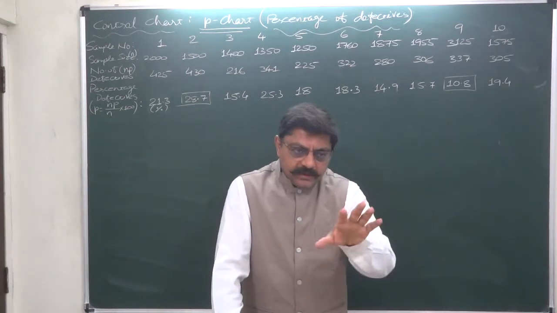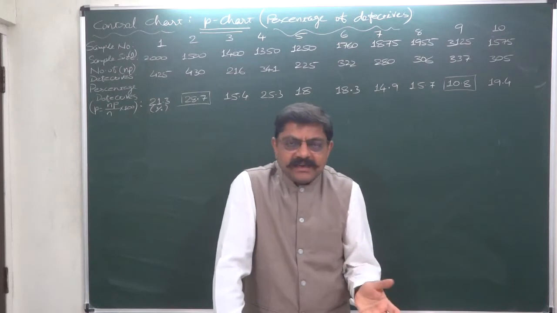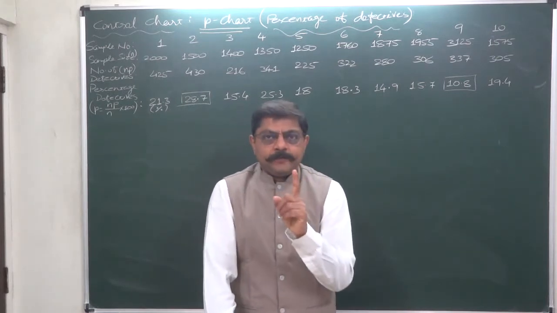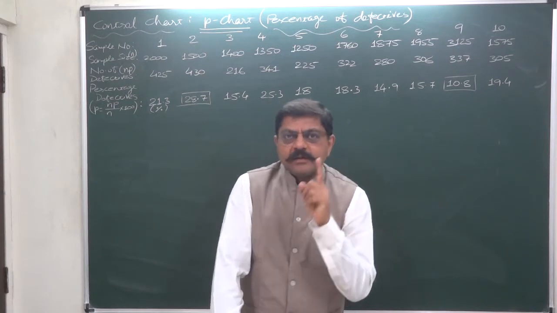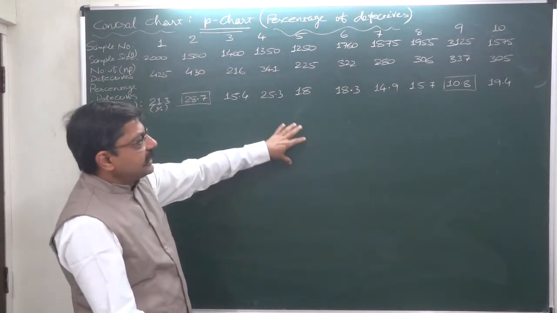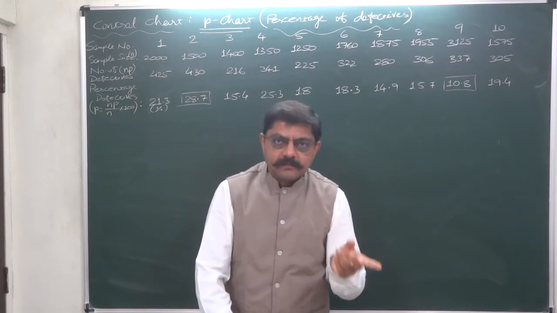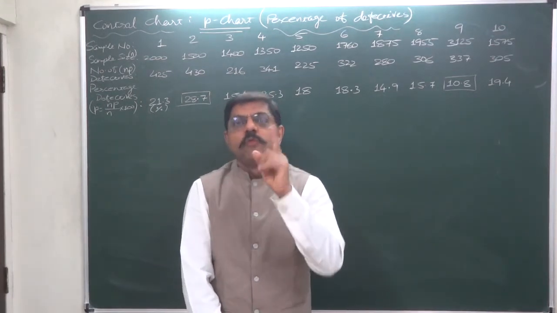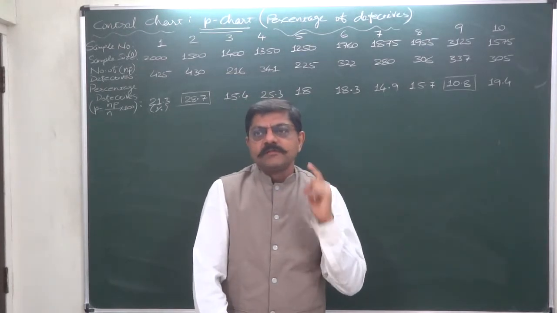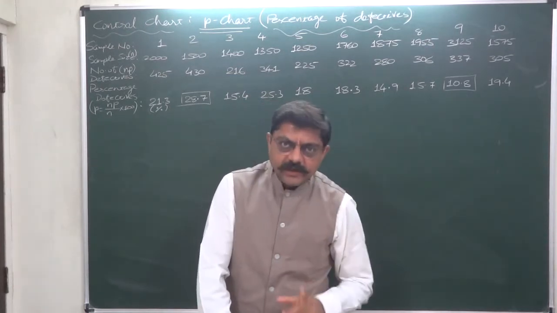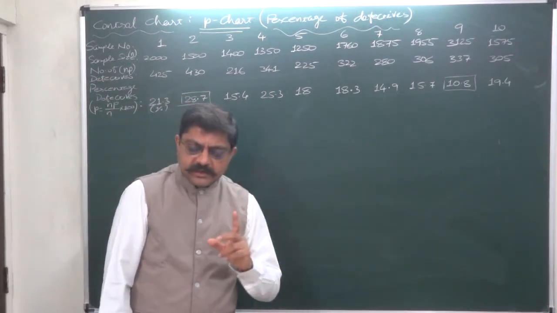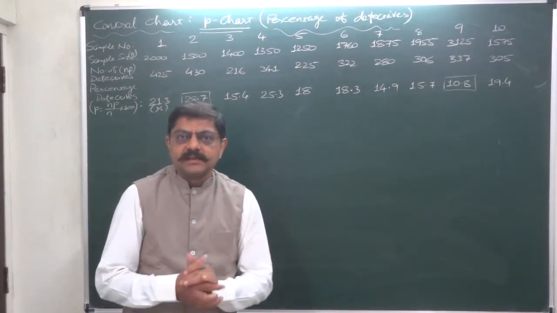In place of common sample size, we can easily take the average sample size. But here in case of percentage defective charts, not 1 but it will become 100, because proportion or fraction is always with respect to 1, but percent is always with respect to 100.